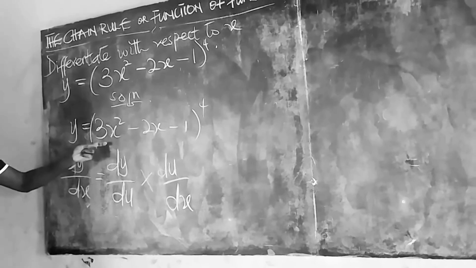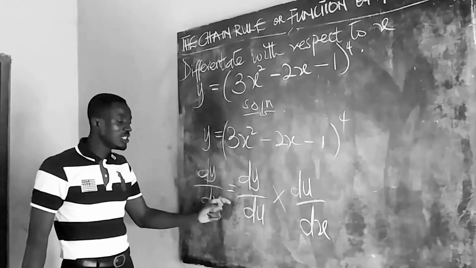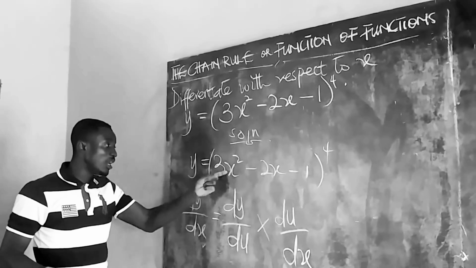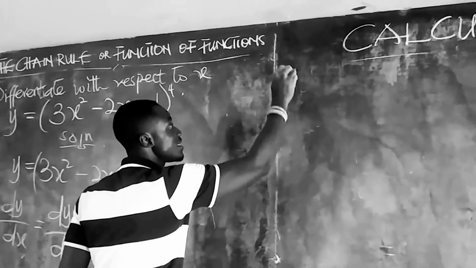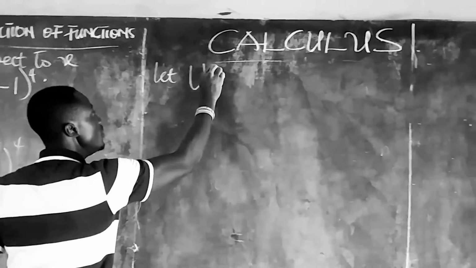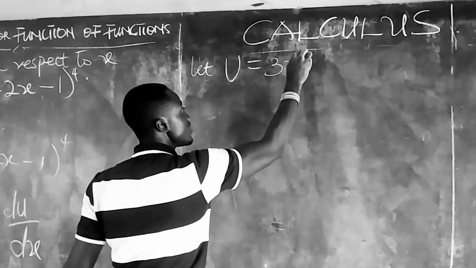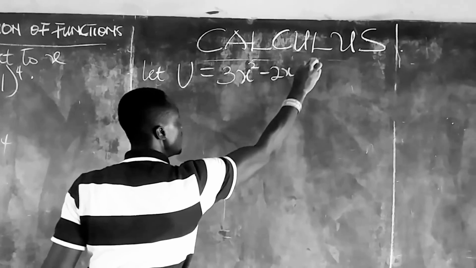Now let's substitute the terms inside the bracket by u. So you say, let u be equal to the terms inside the bracket, 3x squared - 2x - 1.